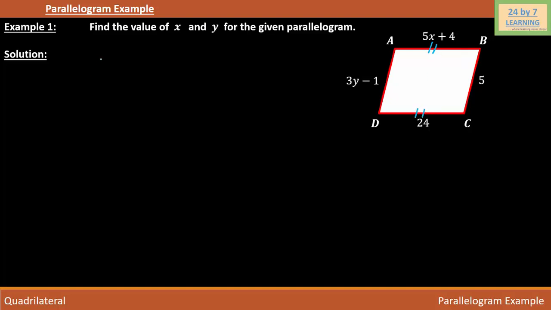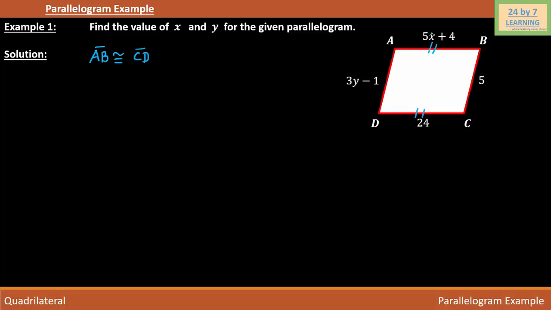I'm going to write side AB is congruent to side CD. In other words, if ABCD is a parallelogram, then opposite sides are congruent.